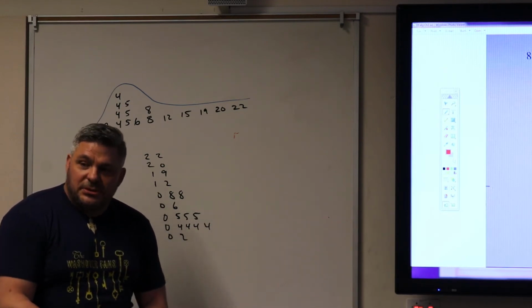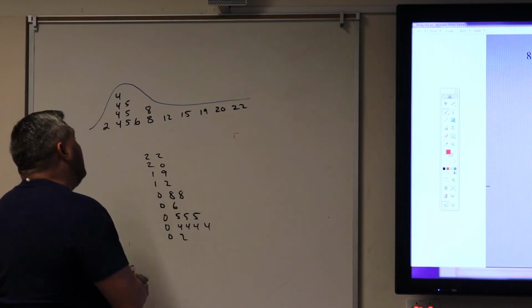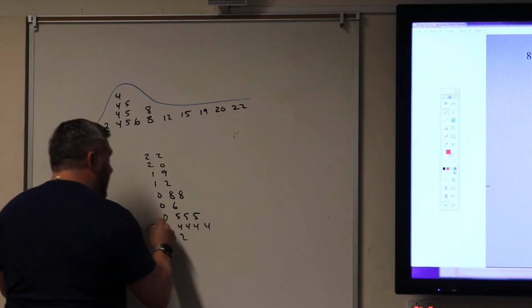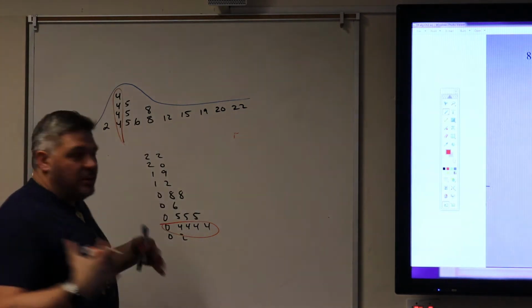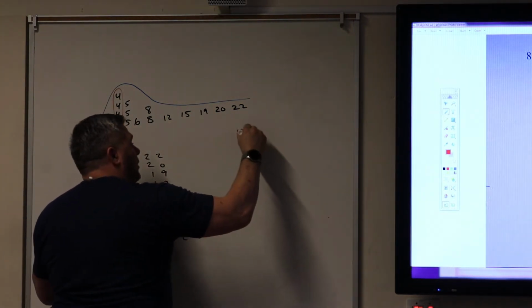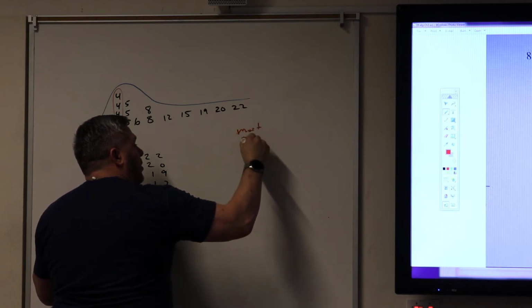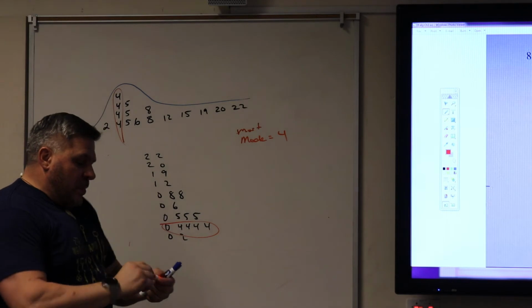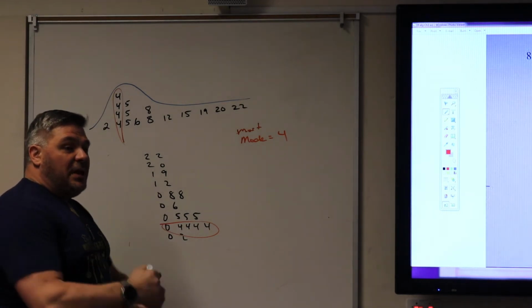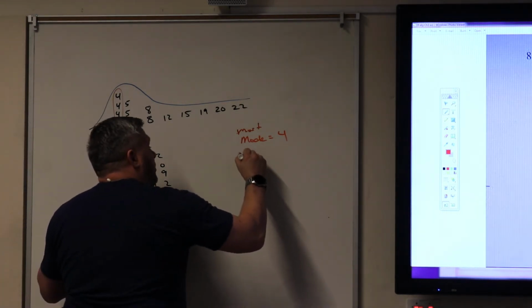The most, right? So 4, right? So it's pretty easy. Either way you look at it, the most comes up pretty easily. And so we know that the most is the mode, which is equal to 4, right? And then we have the median, right? The middle number.